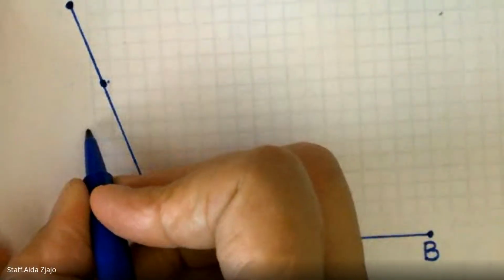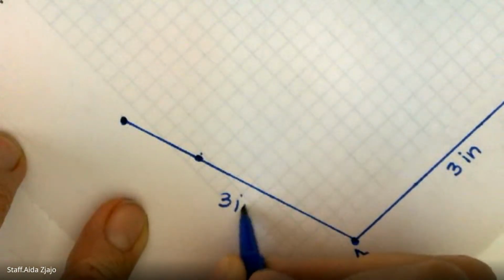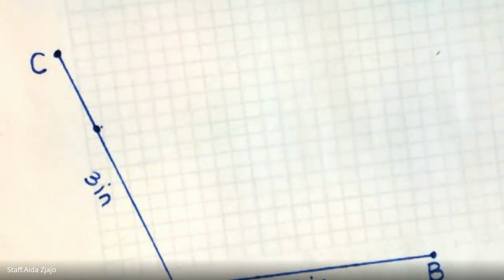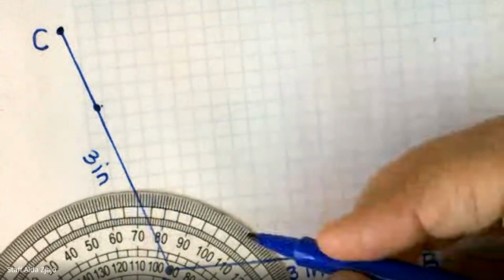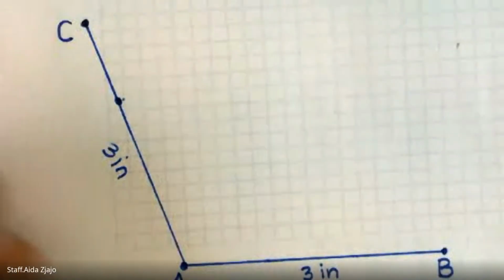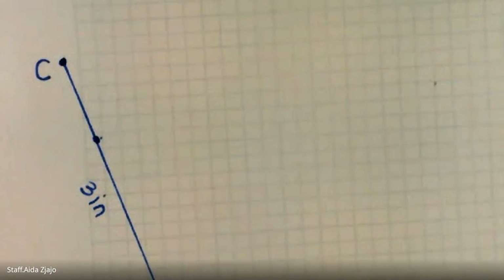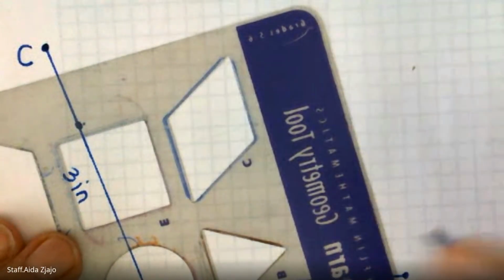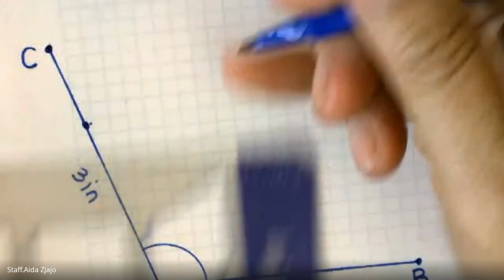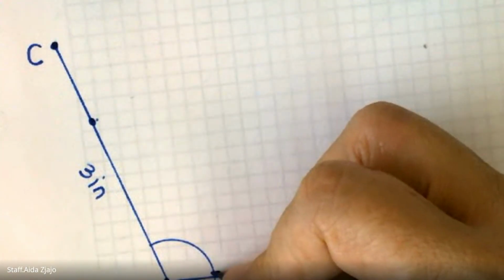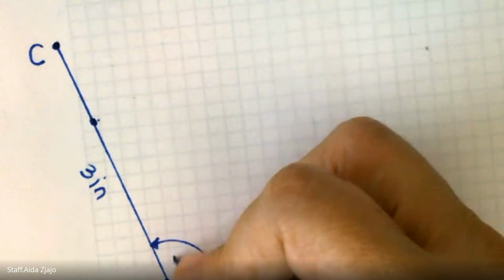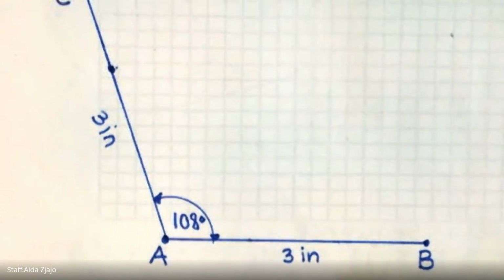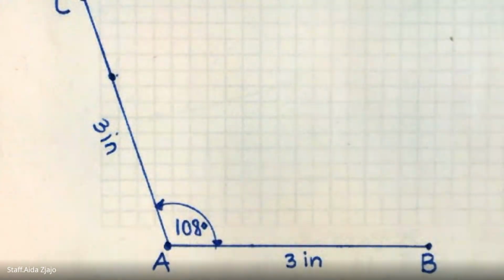Here, this is 3 inches, and this is called C. And I'll use a smaller circle just to label that angle. So this angle is from here to here, 108 degrees. Okay. Next clue.